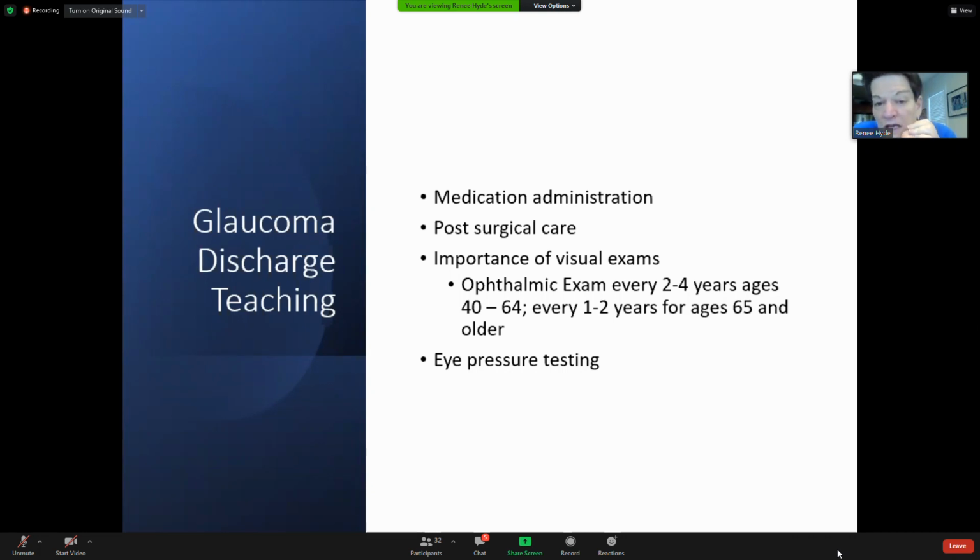Once the diagnosis of glaucoma is made, typically these go to every 6 months to look at the effectiveness of those medications. But at age 40, everyone should be getting their eye pressure tested in order to early detect increases in intraocular pressure.